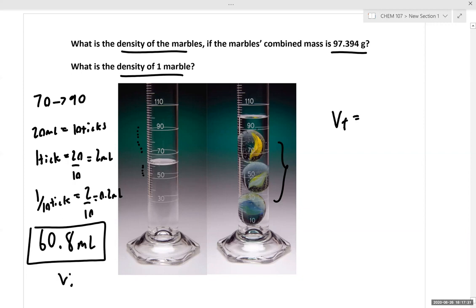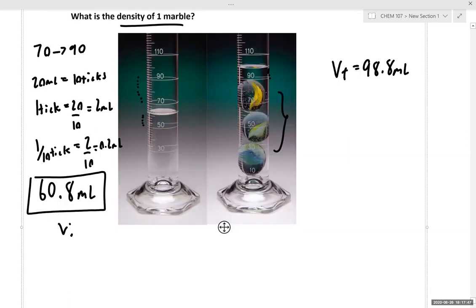For V final, past 90, we are 1, 2, 3, 4 ticks up. So I'd say it's about 98.8 milliliters, since we're not quite at the 5th tick yet.